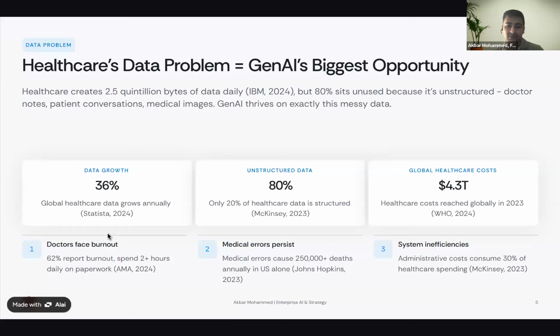AI is also working towards solving or reducing medical errors, and also reducing some of the systemic inefficiencies. These are some places where the opportunities for applying AI exist, and a lot of it is powered by the availability of unstructured data that is now more available and accessible to a lot of companies across the globe.